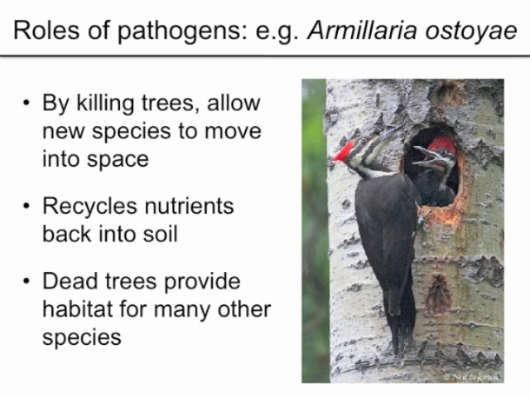So here's the pileated woodpecker, which there's lots of down here, and dead trees are great habitat for them. They can burrow into it and build a nest. There's lots of other organisms that will use dead trees or fallen trees as habitat space. And by recycling those nutrients, they're now making nutrients available for other species.